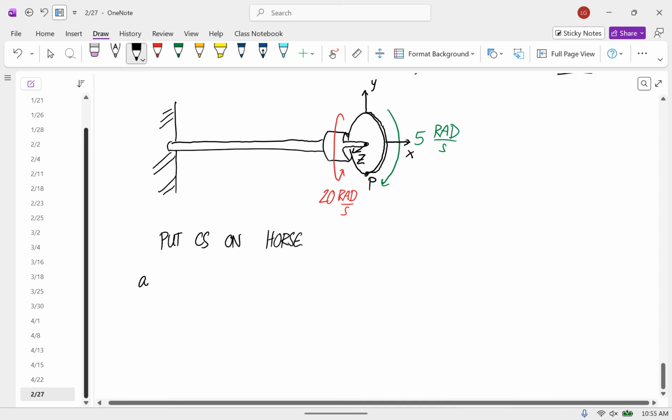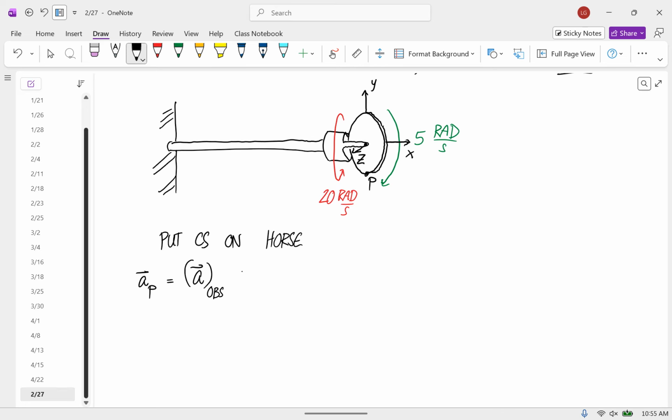And we know that the acceleration of this point P is equal to the observed acceleration according to that coordinate system, plus omega dot crossed with the position vector, plus 2 times omega crossed with the observed velocity vector, plus omega cross quantity omega cross P. And now our job is just to come up with all these variables. Okay.